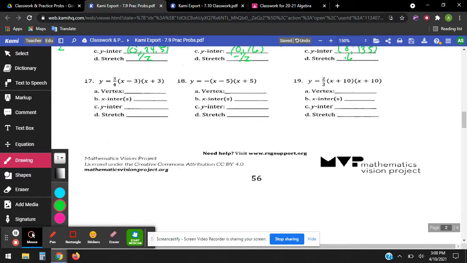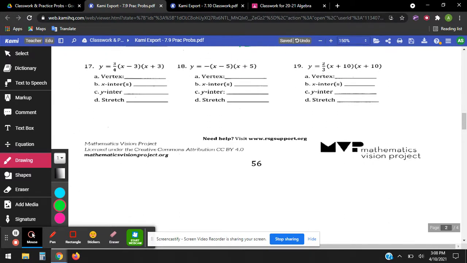All right, next ones. Vertex, nope, x-intercepts. This one has to be a 3, 0. This one has to be a -3, 0. Halfway between 3 and -3 is 0. So that's also going to be our y-intercept, right?